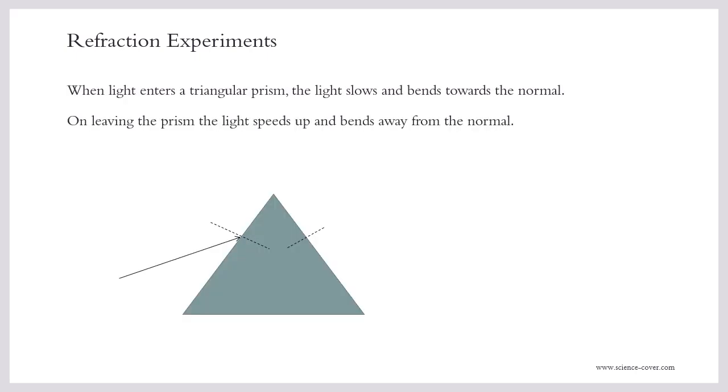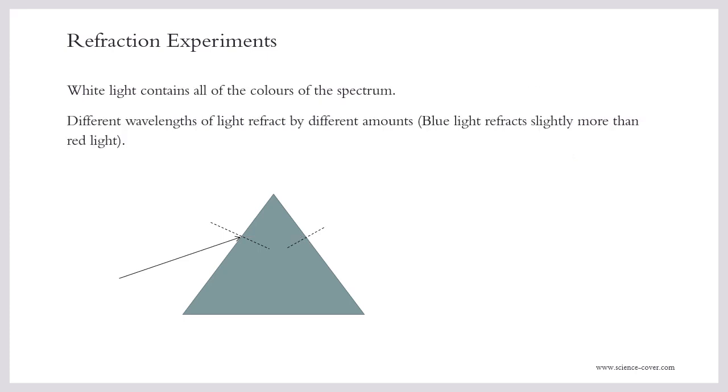When light enters a triangular prism, the light slows and bends towards the normal. On leaving the prism, the light speeds up and bends away from the normal. White light contains all of the colors of the spectrum. Different wavelengths of light refract by different amounts.